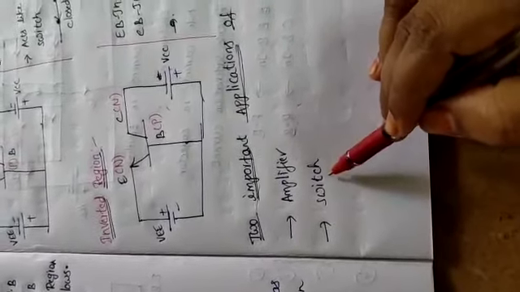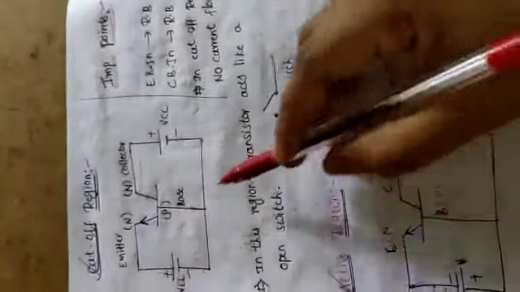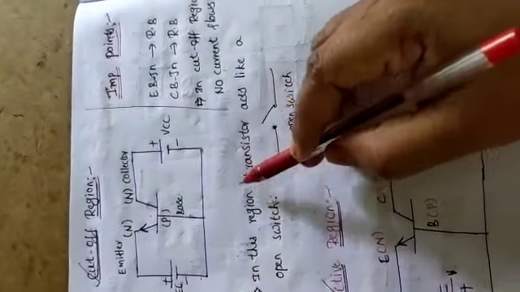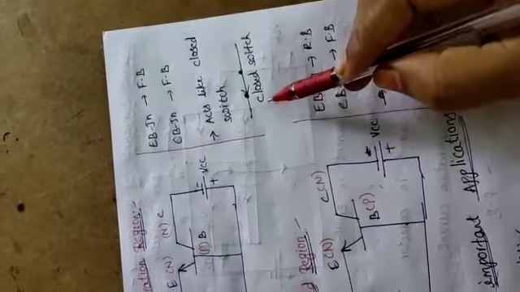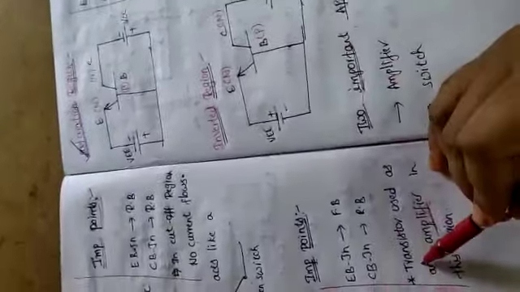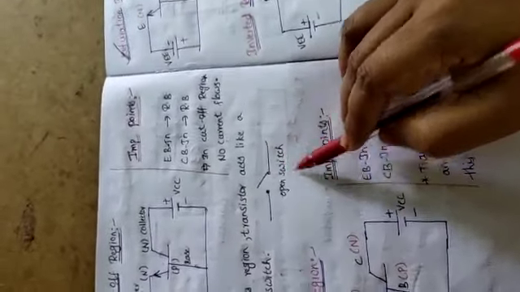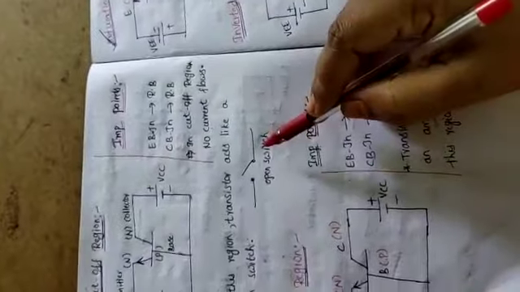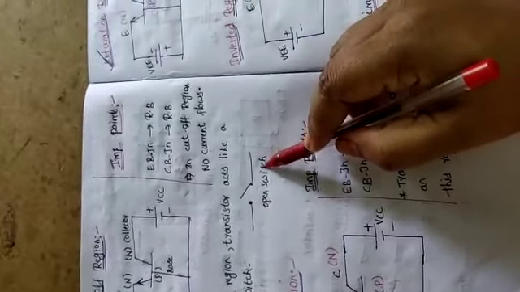We already discussed that in cutoff region the transistor acts like an open switch, and in saturation region the transistor acts like a closed switch. So if we can operate the transistor from cutoff to saturation and saturation to cutoff with negligible active region, the transistor can be used as a switch. Okay, thank you.